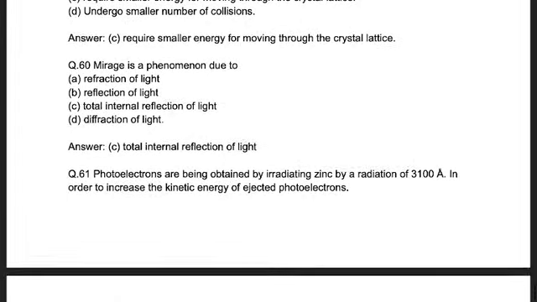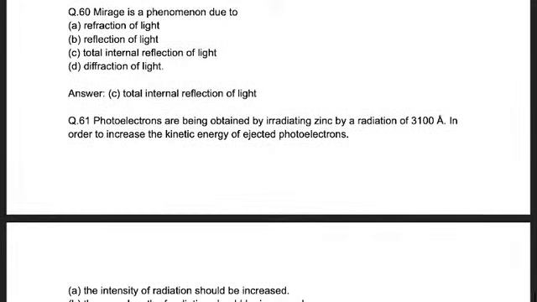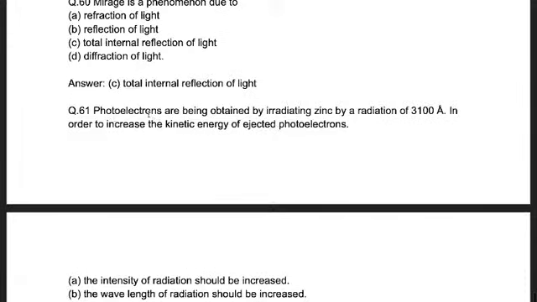Question number 61. Photoelectrons are being obtained by irradiating zinc by the radiation of 3100 Å. In order to increase the kinetic energy of ejected photoelectrons, options: A, the intensity of radiation should be increased.